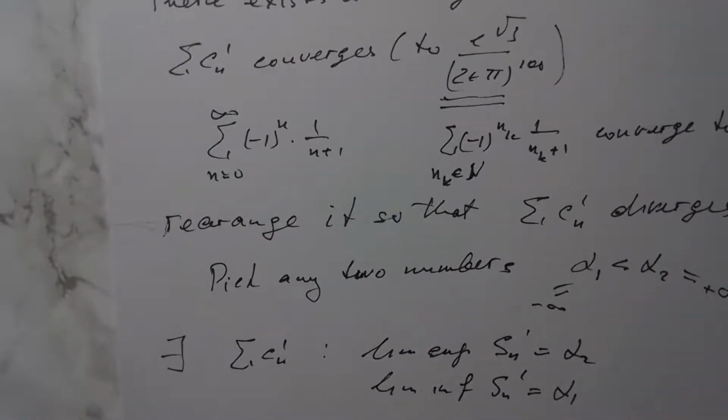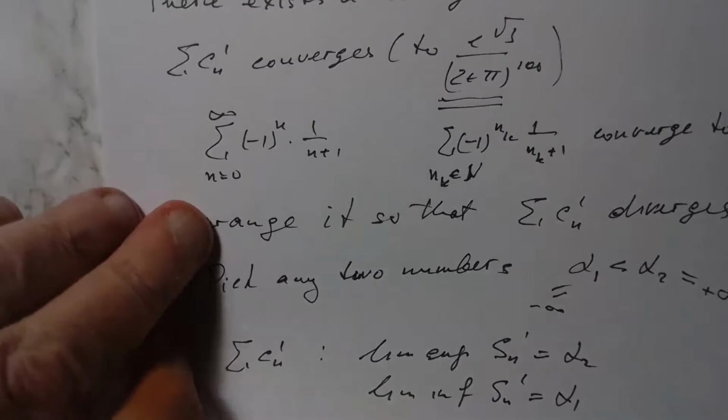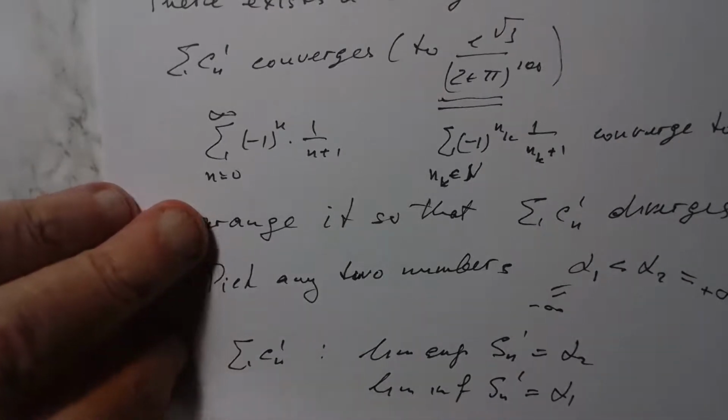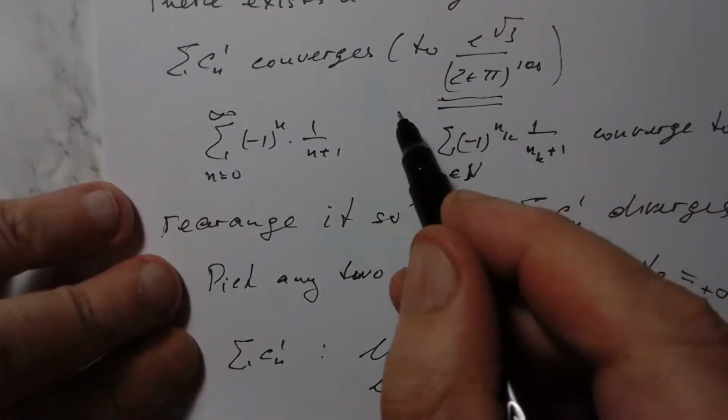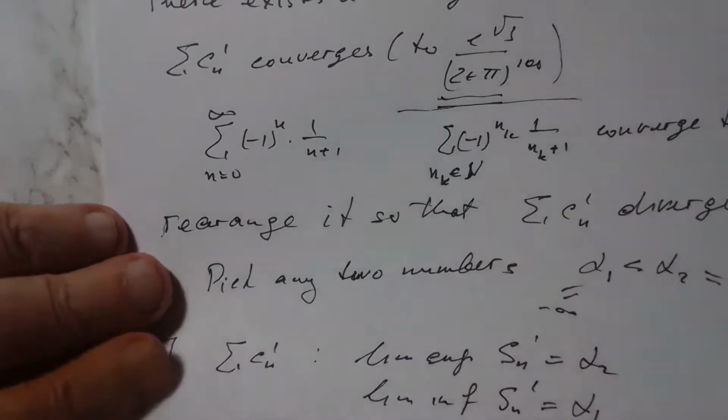Okay, so to give you a little bit of a break, what I would like to do is just do this theorem about an arbitrary number alpha, and let me do it now. So this is a simplified version of a theorem in Rudin. Again, the Rudin theorem is a little bit better.